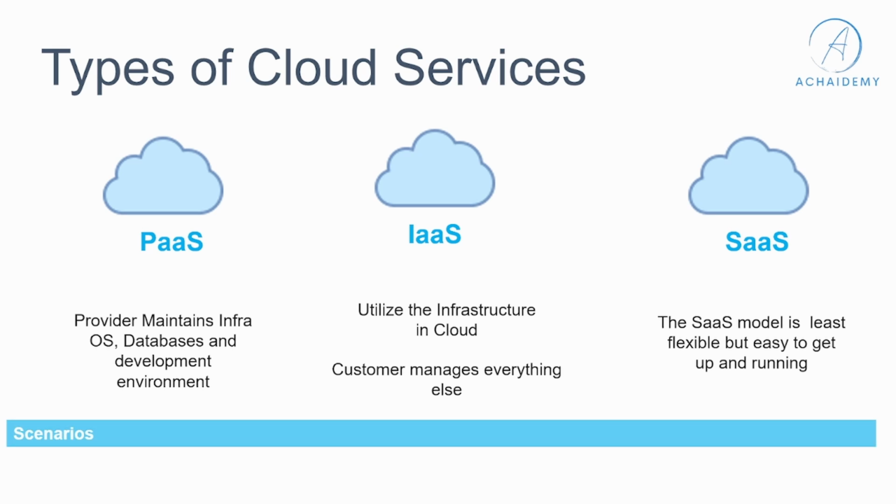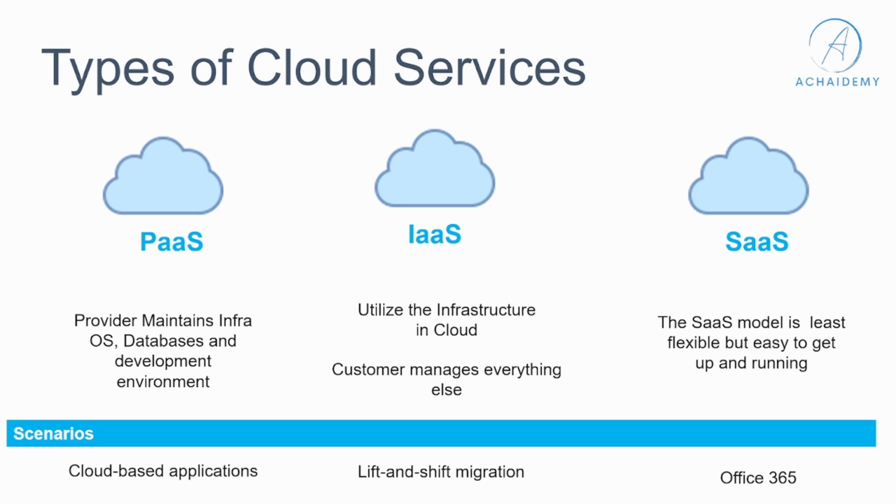A typical example is Office 365, which you would have come across, which is SaaS based. You don't know what infrastructure it is running on, you don't know the details around that, but you only have your email account which you can log in with and you have access to the software depending on your access and permissions.